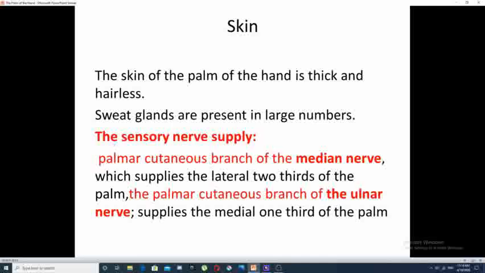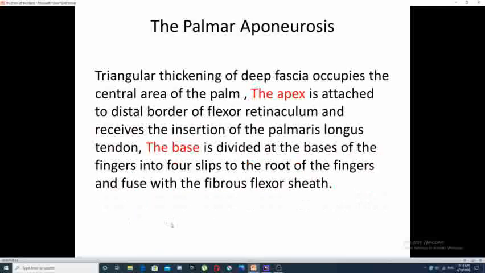These are the median nerve, which is responsible for the supply of the skin over the lateral 2/3 of the palm of the hand. The second nerve is the ulnar nerve, which supplies the skin over the medial 1/3 of the palm of the hand.